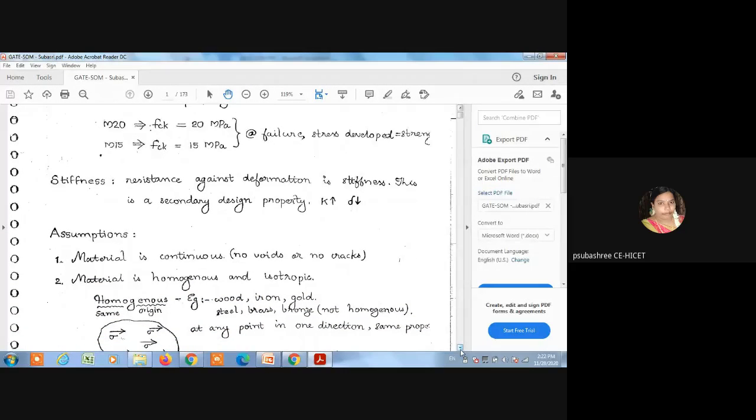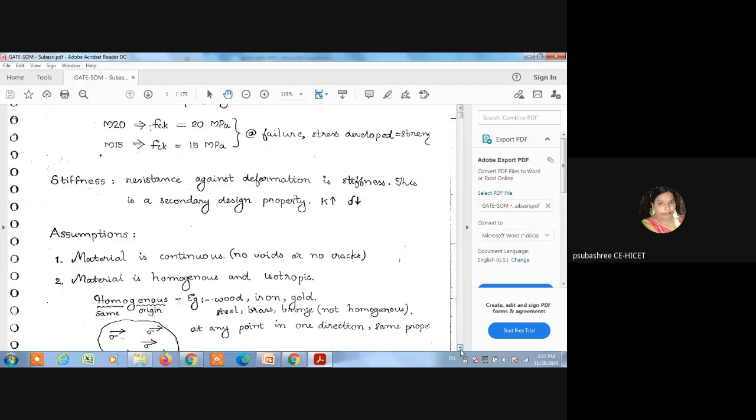Stiffness means resistance against deformations. This is a secondary design property. It is also denoted by K and delta. So resistance against deformations. Deformation means change in length, change in dimension, or elongations.